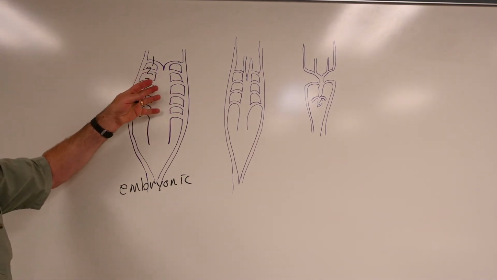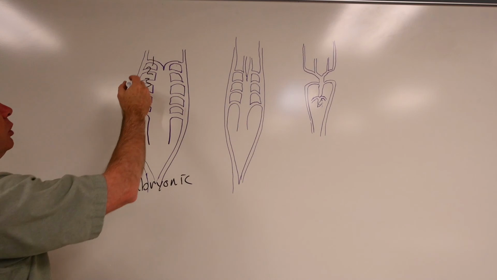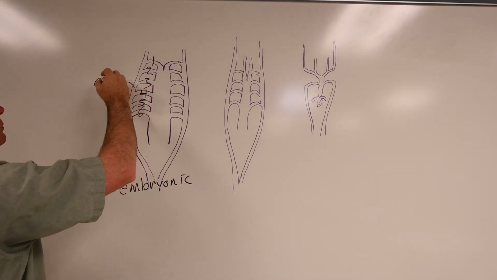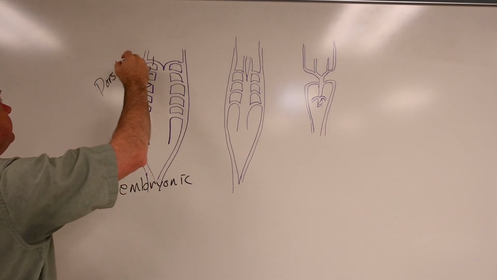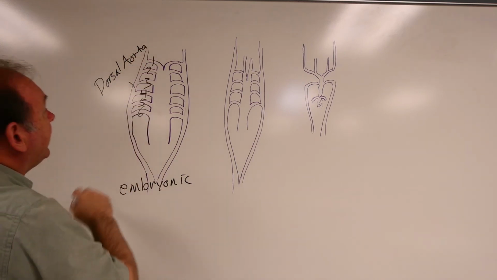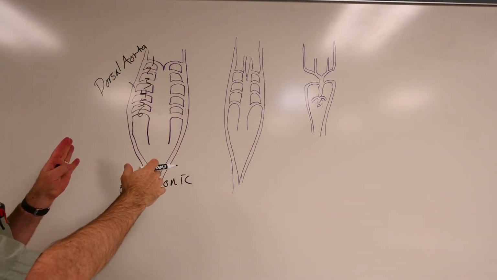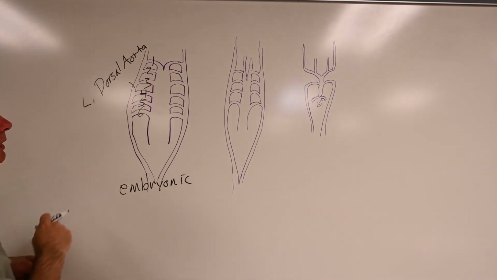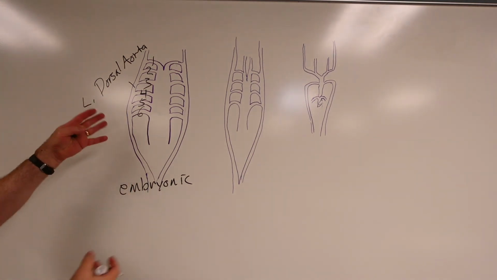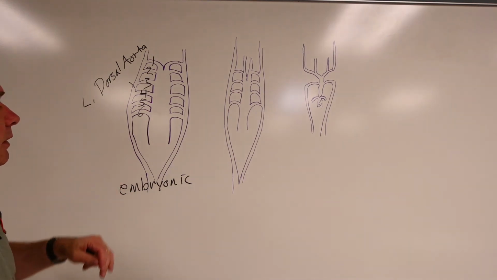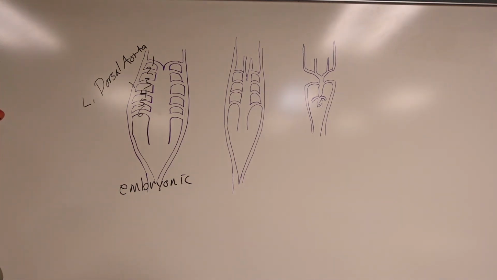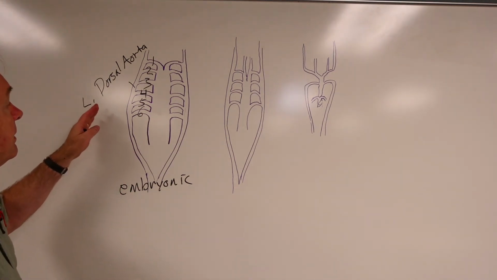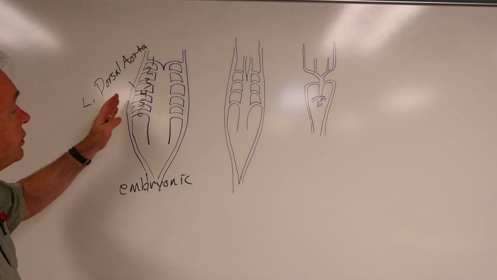As those vessels then feed into a dorsal aorta, and there's a right and a left dorsal aorta. So if we're looking down on the top, this would be the left dorsal aorta in that kind of a view. If we're looking from the bottom, it'd be reversed. That would be the right side. But anyway, this is how things start out.